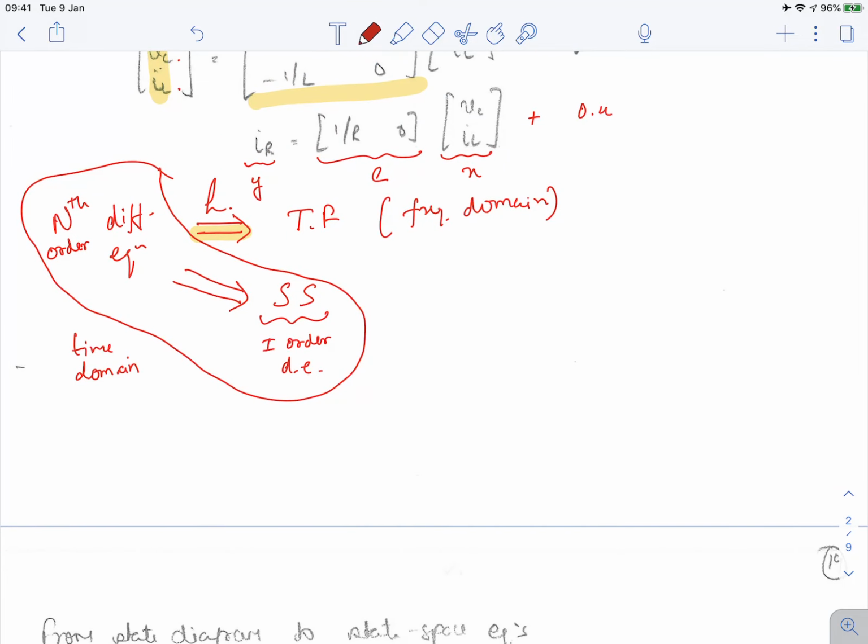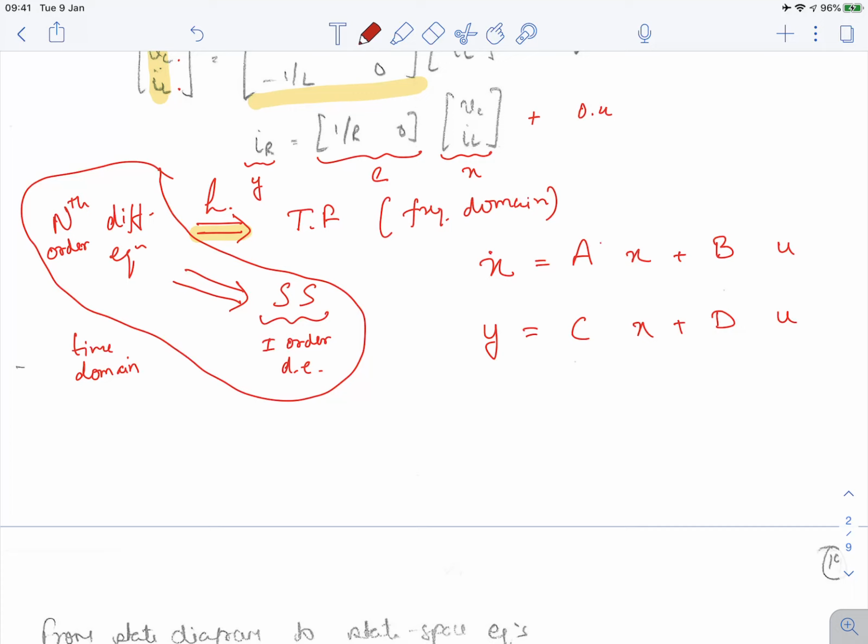So I have x dot is equal to Ax plus Bu, y is equal to Cx plus Du. Now if the A, B, C, D matrices are constants, then it will be a linear system.